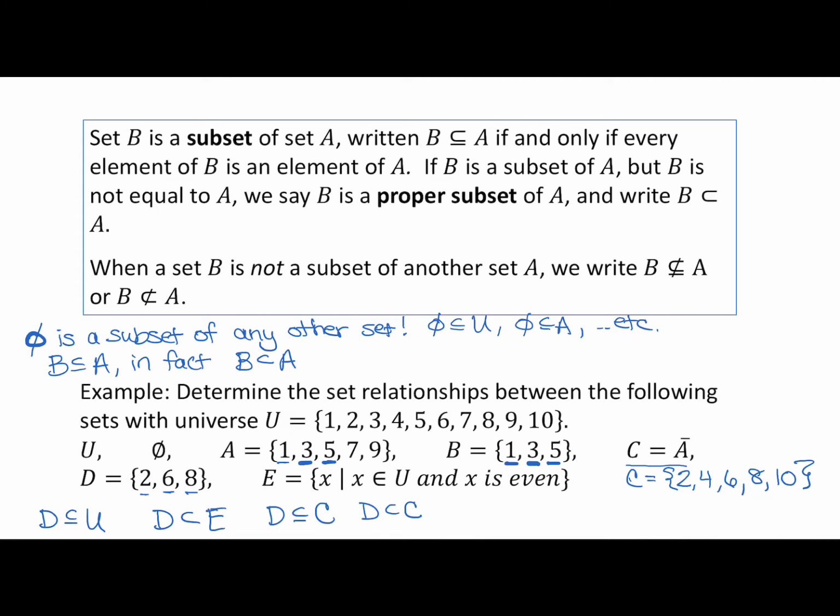Well, if you were to list out all the elements of E, you should find that they match exactly with the elements of C. So E is a subset of C because every element of E is an even element of U, which lives in C. And vice versa, C is a subset of E. And when I get containment both ways, what does that tell me? That tells me that actually C and E are equal sets. Okay.